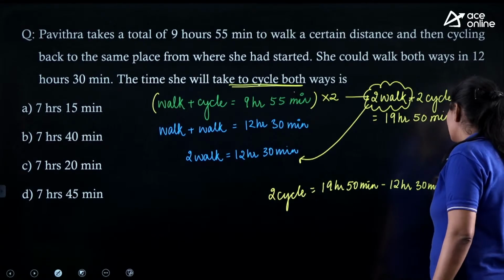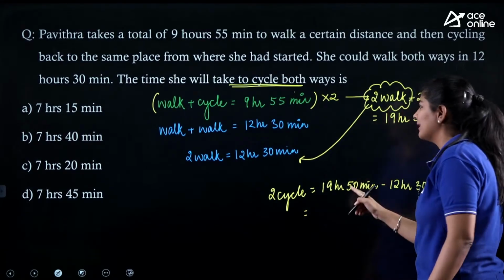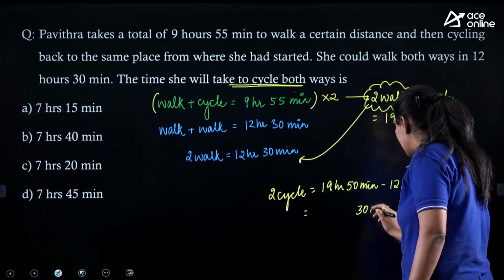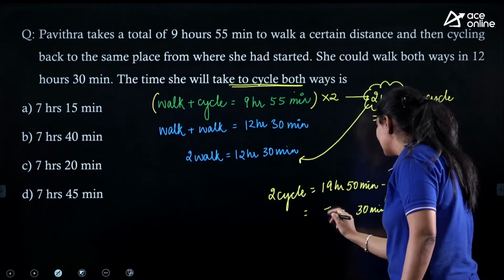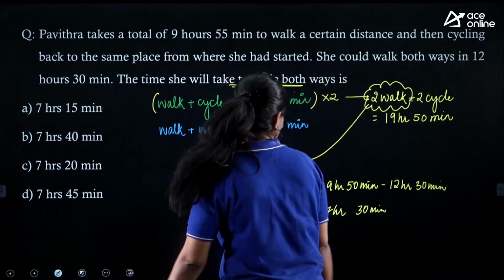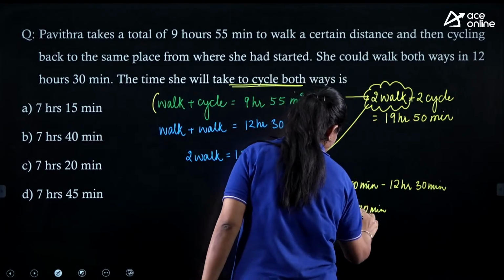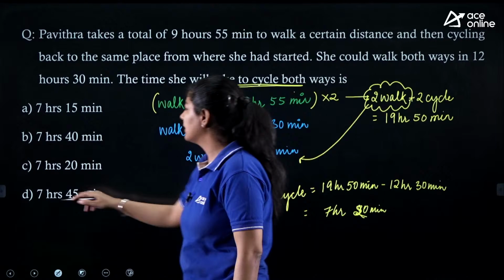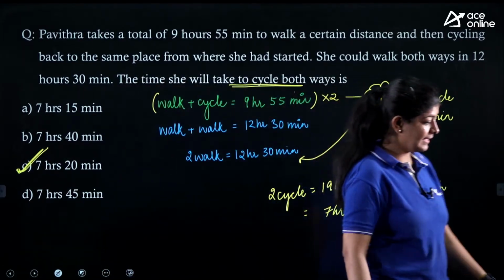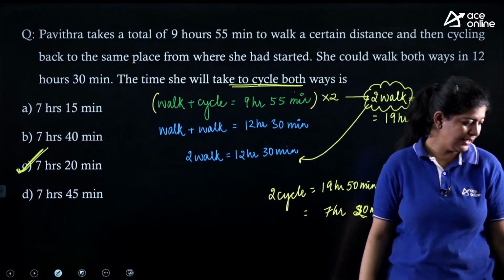In the minutes we clearly get 20 minutes, and in the hours we get 7 hours. So 7 hours 20 minutes. Option number C is the correct one.